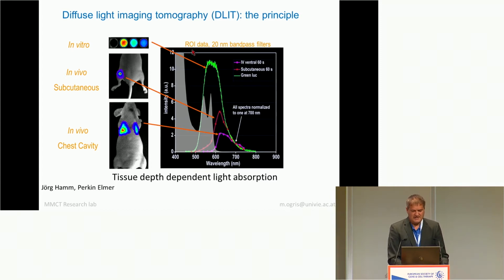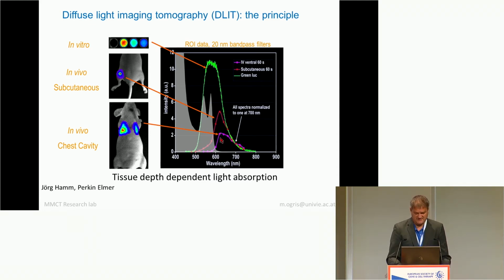So if you have your cells just on a plate, you will detect the full spectrum. If you have it subcutaneously, you will lose the blue-green part of the spectrum. If your signal is even deeper inside the tissue, you will lose the green, yellow, orange part of the spectrum, and it's redshifted.